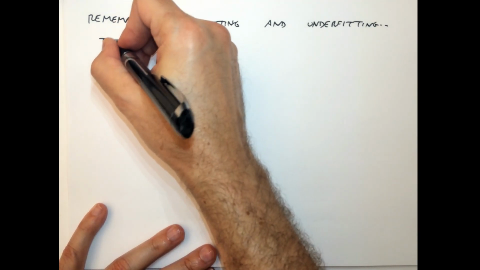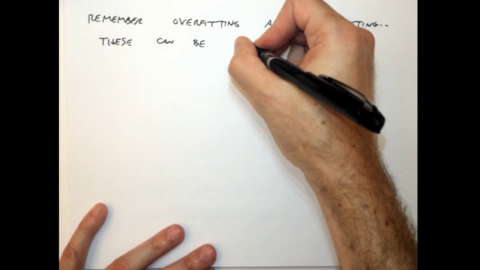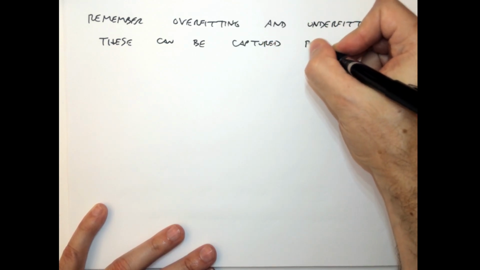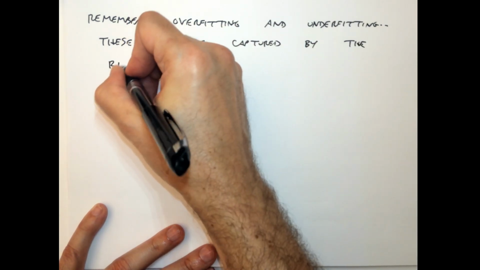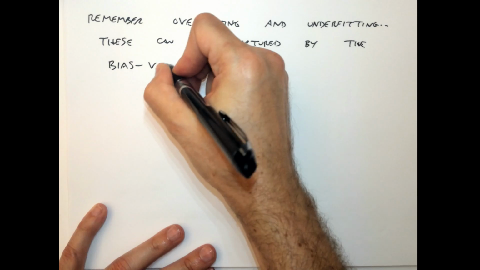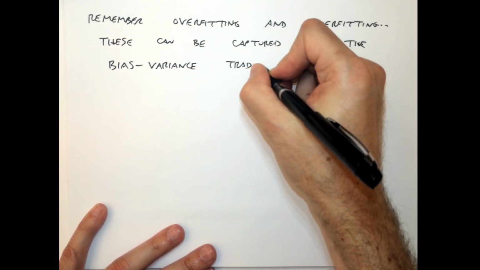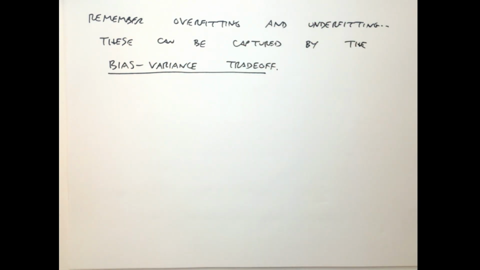These can be captured by what's called the bias variance trade-off. And I feel bad about using the word bias twice in different ways in this lecture. This bias is not the same as the constant term bias, but I'll define what I mean here, okay?